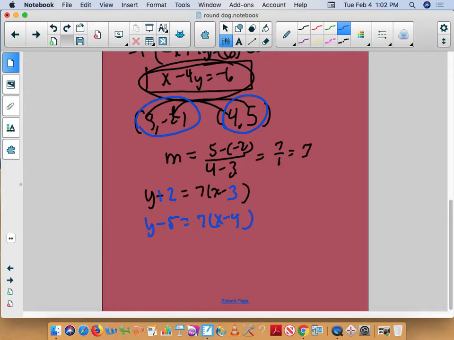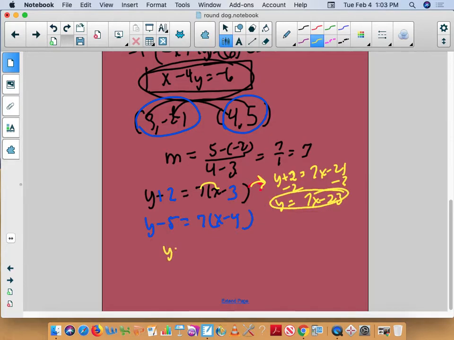Well, it looks like your teacher should count off for one of those because those don't look the same, do they? Watch what happens if I get them in slope-intercept or standard form or I graph them. Watch this. Can you see that yellow? Okay, that's good. If I say y plus 2 equals 7x minus 21, and then I subtract 2, I get y equals 7x minus 23.